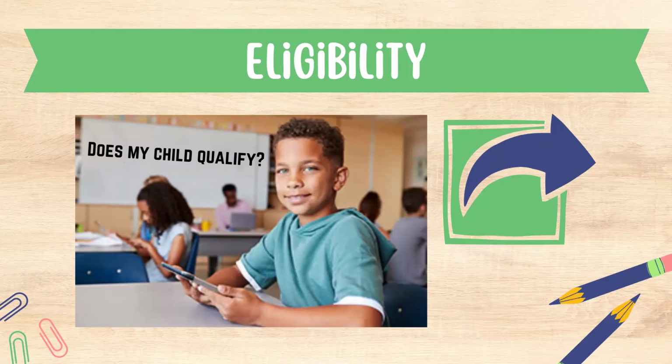All right, now how do you know if your child's impairment substantially limits them in a major life activity? Congress has provided many examples of major life activities, but the provided list is not exhaustive.